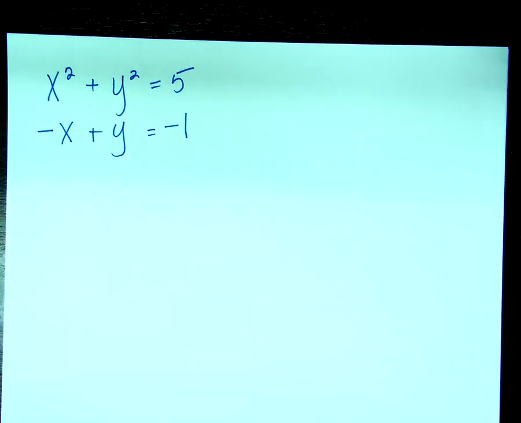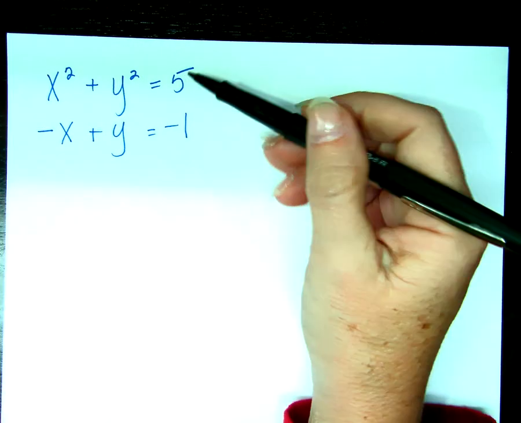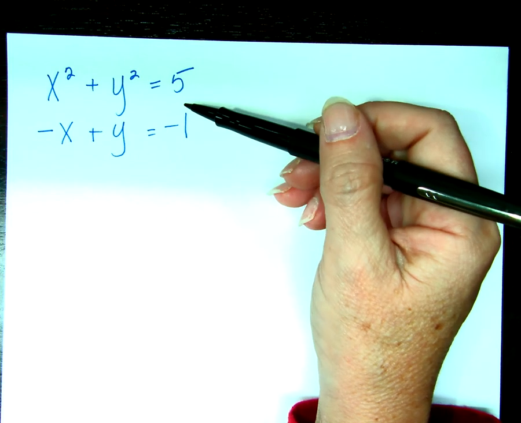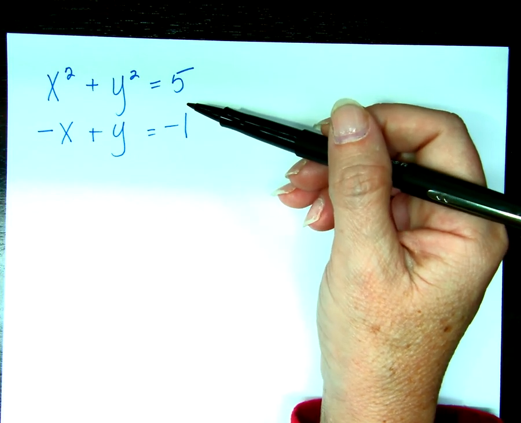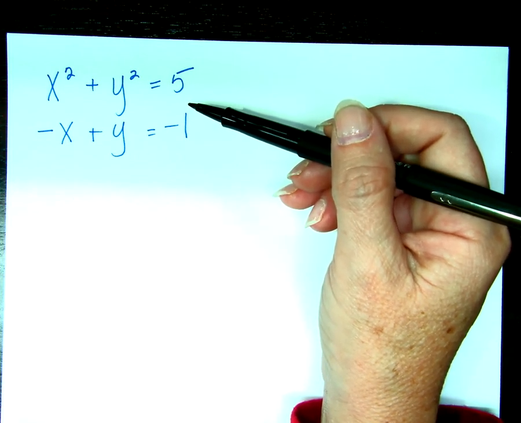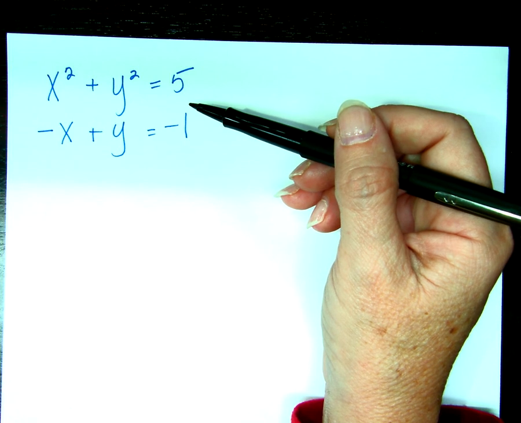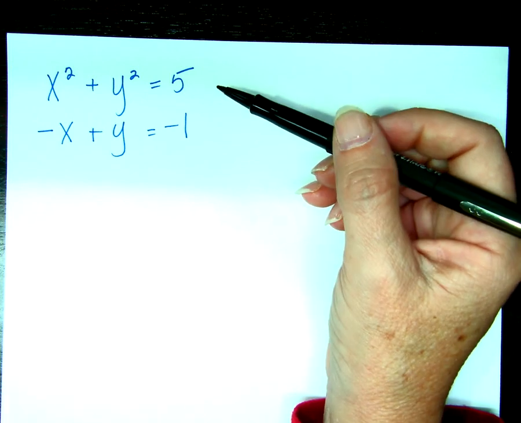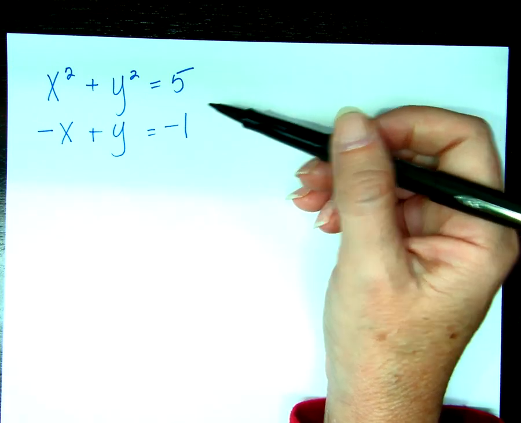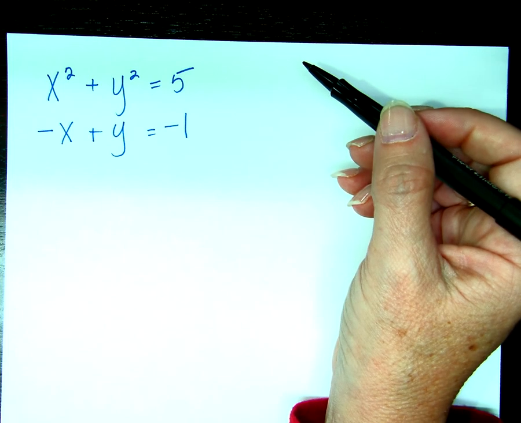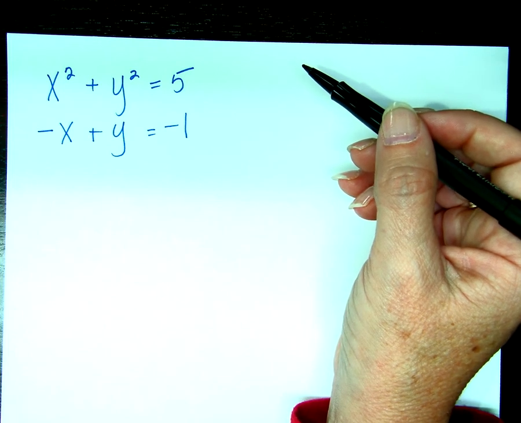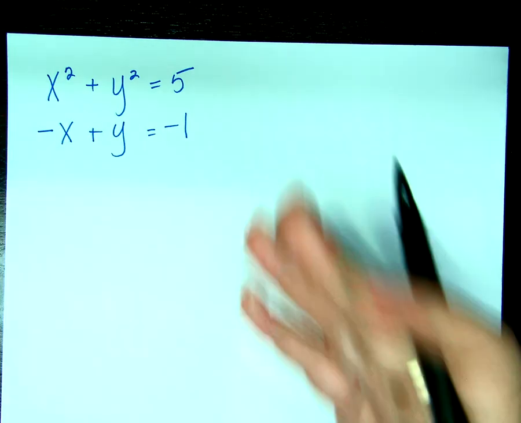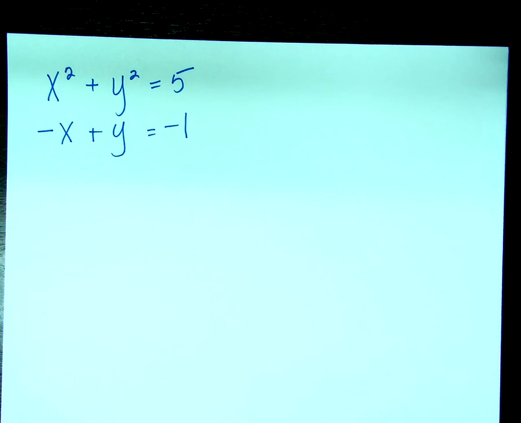So think of all the possibilities that we talked about, and even think about possibilities that we didn't talk about, because again, we didn't talk about them all, right? How many possible solutions are there with a circle and a line? 0, 1, and 2. We said there can't be 3, right? You can't have 3 solutions from that. So it's either 0, 1, or 2, just so we know what to think about going into this.